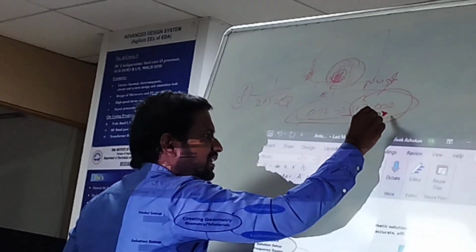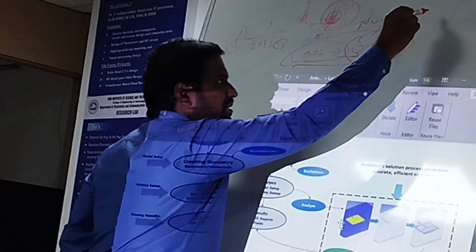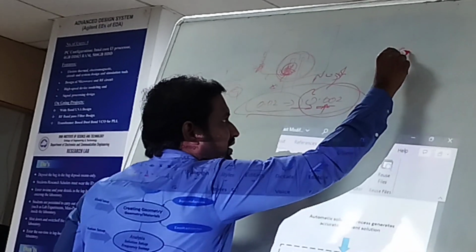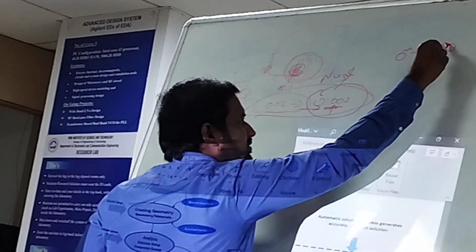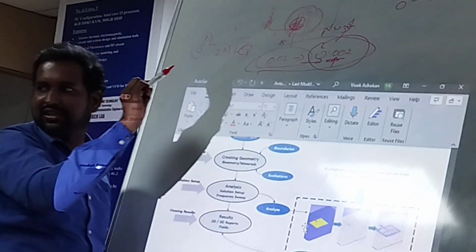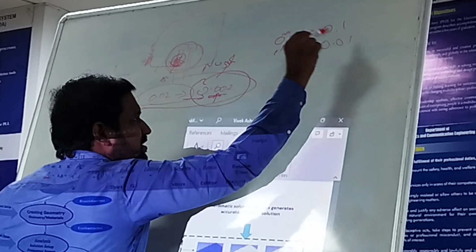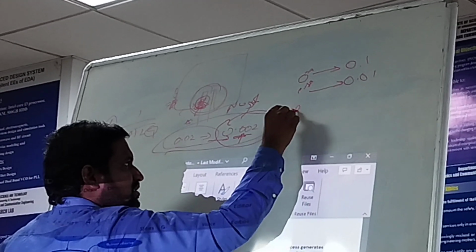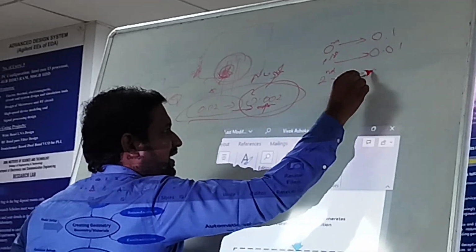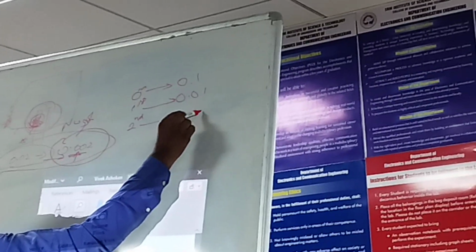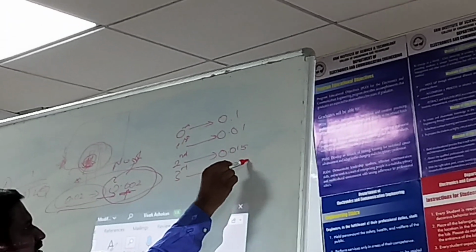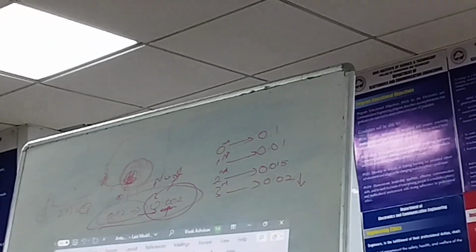Let's suppose in the 0th pass it is 0.1, then in the next pass around 0.01. My target value is 0.02, and in the third pass it should be 0.02 or less than that.